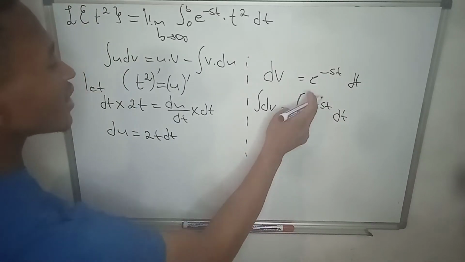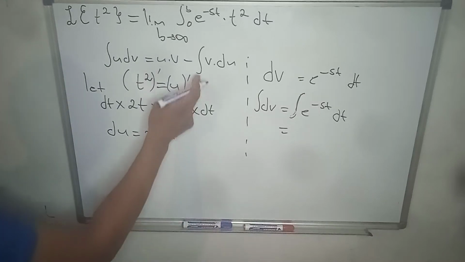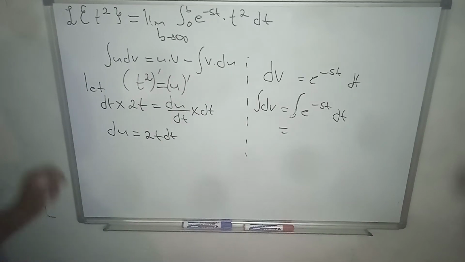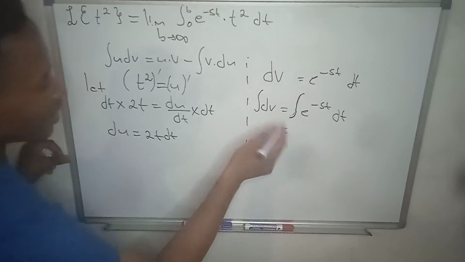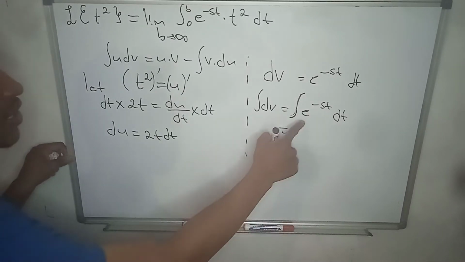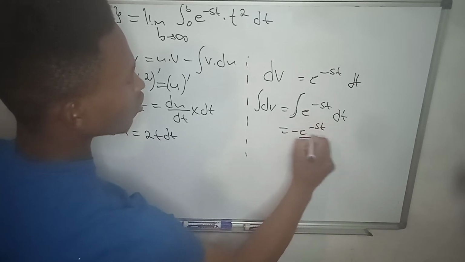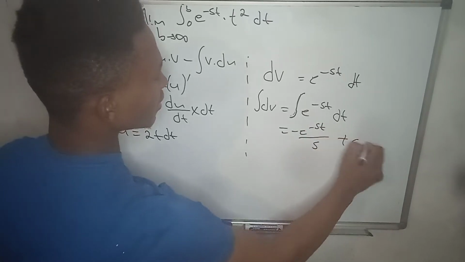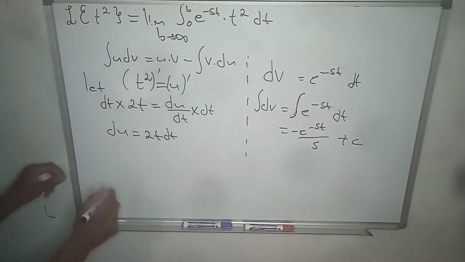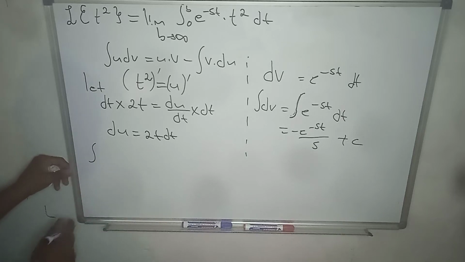No need to put the limit here, because we are going to put it on the equation. So you just integrate it like that. It will give us minus e to the minus st all over s plus c. This is integrated, so we can substitute on our equation.